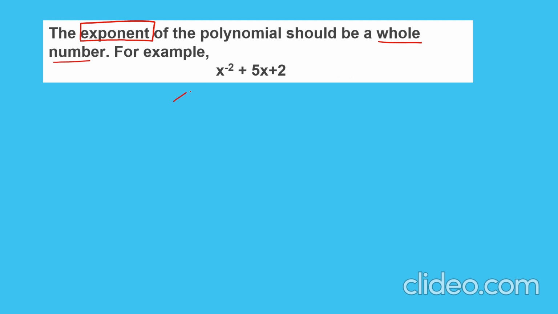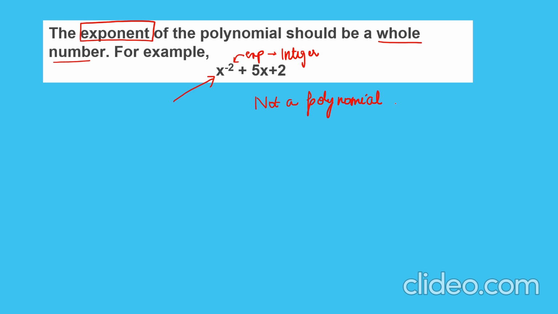Check this example. In this particular example, x is raised to the power minus 2. Hence, the exponent here is an integer, but not a whole number. So we can say this is not a polynomial.